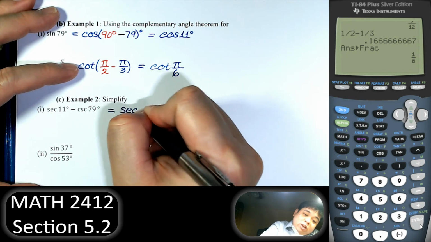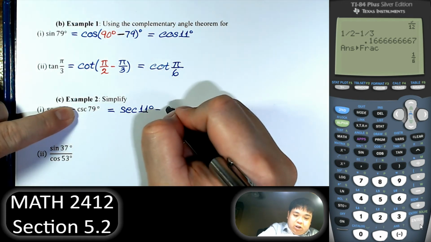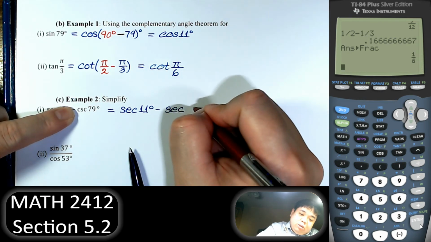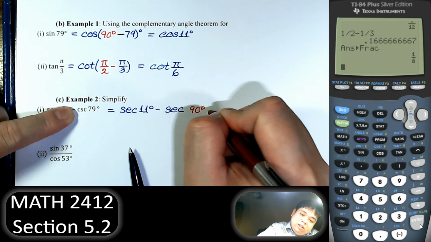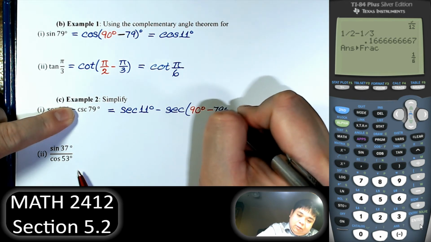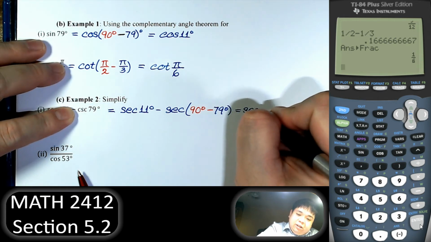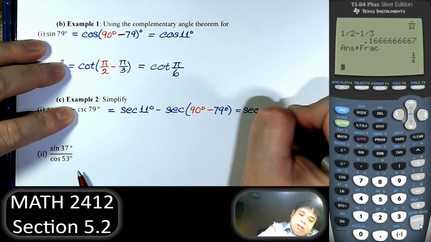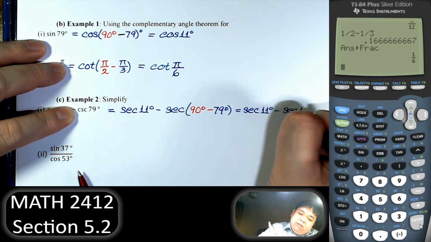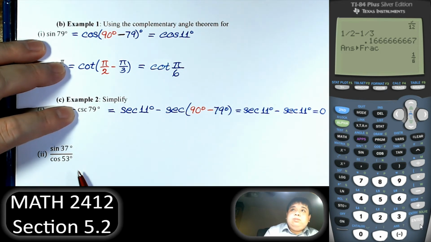So if we want to keep one of them and convert the other to its co-function, we have to subtract from 90 degrees. So that gives us secant of 11 degrees minus secant of 11 degrees. That will be 0.